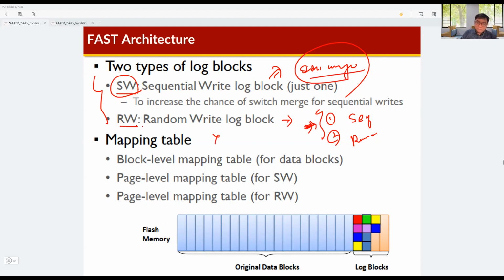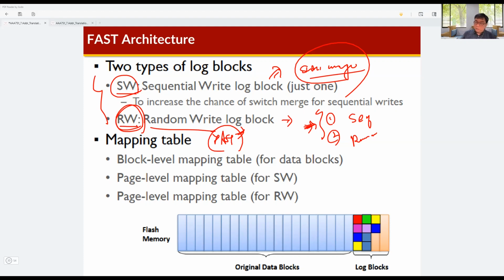So FAST is good for only random write, but without this mechanism, we need to perform the full merge, and the full merge also causes higher performance overhead.